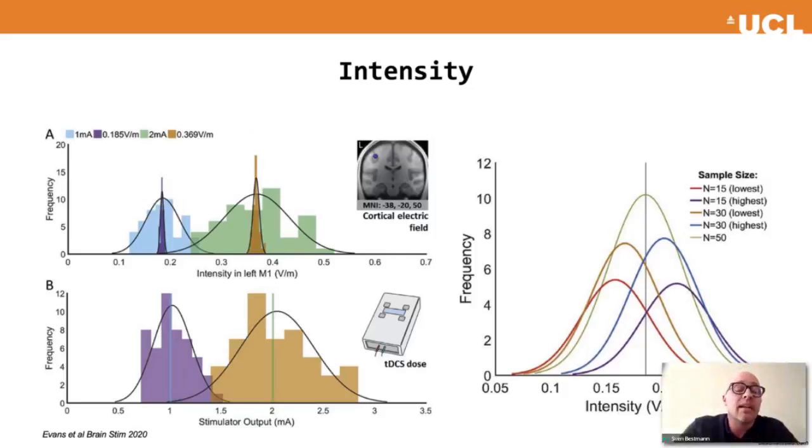And with modeling, we can clamp this and essentially eliminate this variability, at least at the target site. Now, the reason why that is an issue is that even if you use exactly the same stimulation protocol in everyone, just because we're sampling from a population and the anatomy really determines what we're going to deliver, we might end up with two studies that deliver something quite different, even though they try to fix everything. And the smaller the sample size, the more severe this problem becomes.